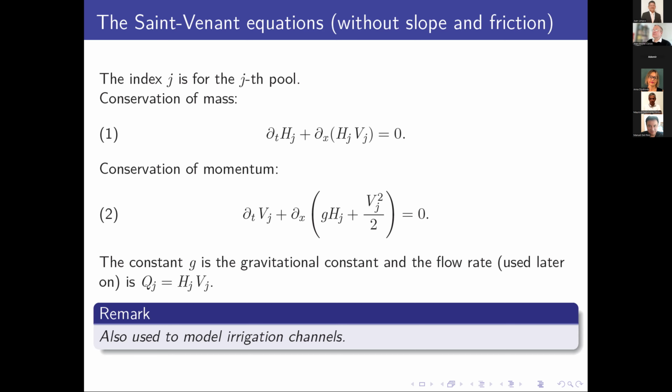You take the derivative of the horizontal velocity with respect to time, plus the derivative with respect to x of g times h plus v squared divided by 2, and you require that it is equal to 0. And g is a gravitational constant. So we have two equations, and it's also used, in fact, to model irrigation channels.